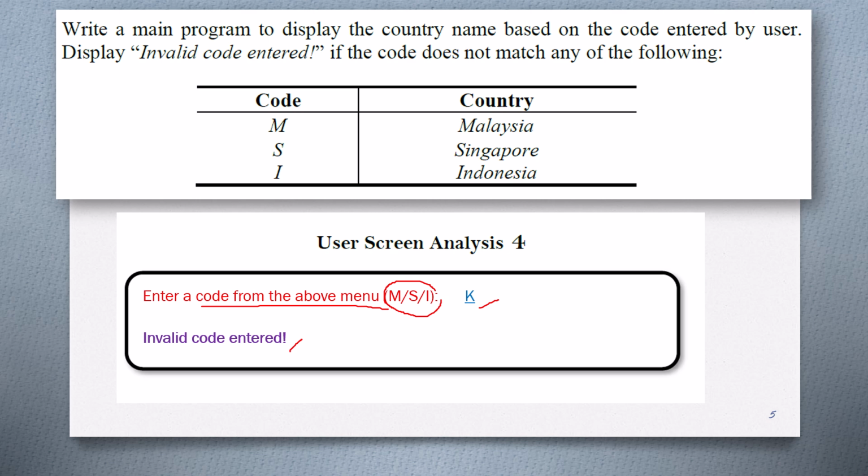So you see, this kind of operation requires a selection control structure, because the computer will select based on the code, based on the constraint or the condition given.